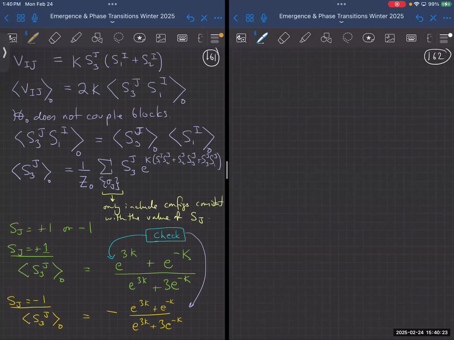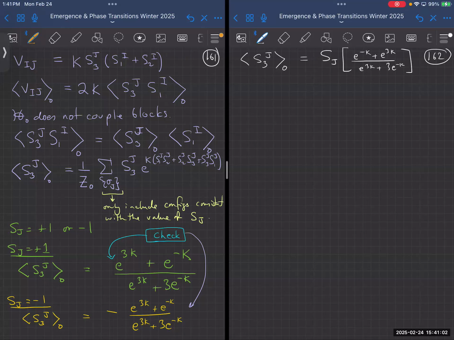If you look at that, what I've learned is that the left-hand side, S3j, is actually plus or minus this function, depending on whether Sj is plus or minus 1. So I can write this as Sj times e to the minus k plus e to the 3k over e to the 3k plus 3 e to the minus k.